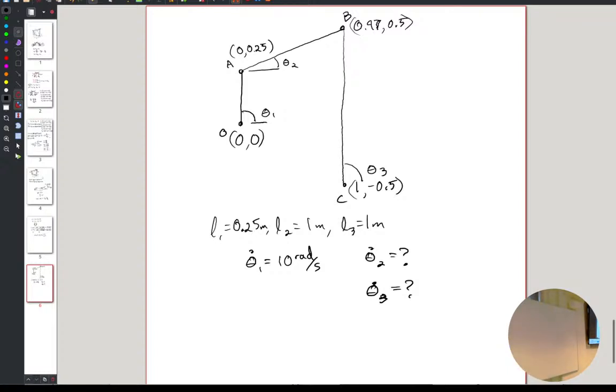How can you get the 1 meter when you go a meter down and then 0.03 meters across?